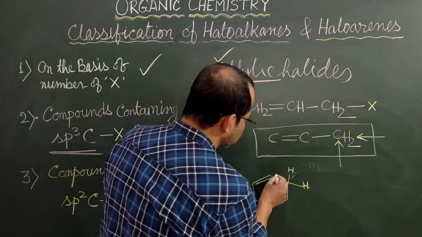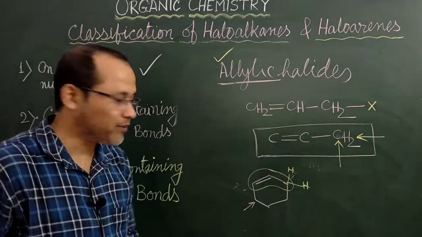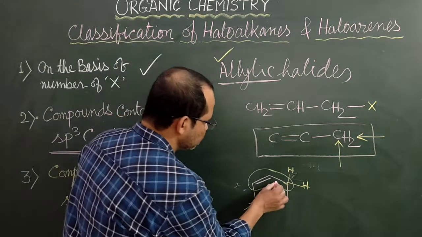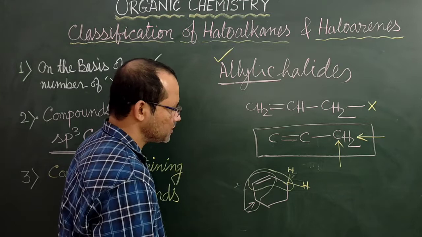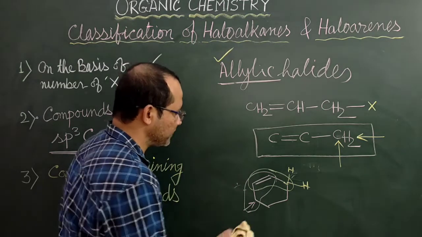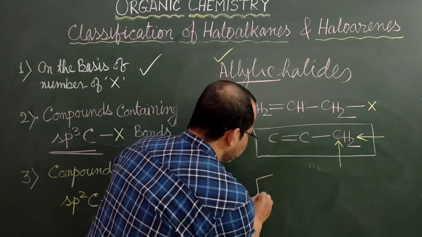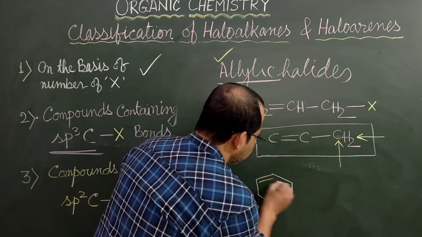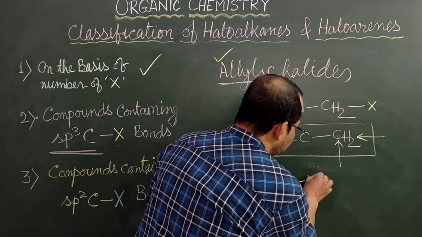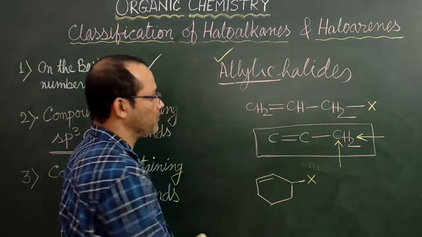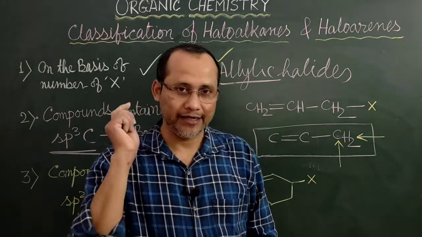So this portion will also form this type of compound, maybe this portion also we may produce from here also. Now without making this complicated, we may write down again this one in a simplified form, and we may replace one hydrogen from here by one halogen, and this type of compound will be known as cyclic allylic halide.